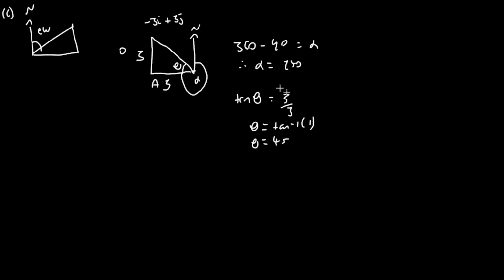It's an exact value. And then for the bearing, from here all the way around to my line, I need to just add theta to alpha. So theta plus alpha is my bearing, which is 315. Just going to check that. Don't trust my mental maths.